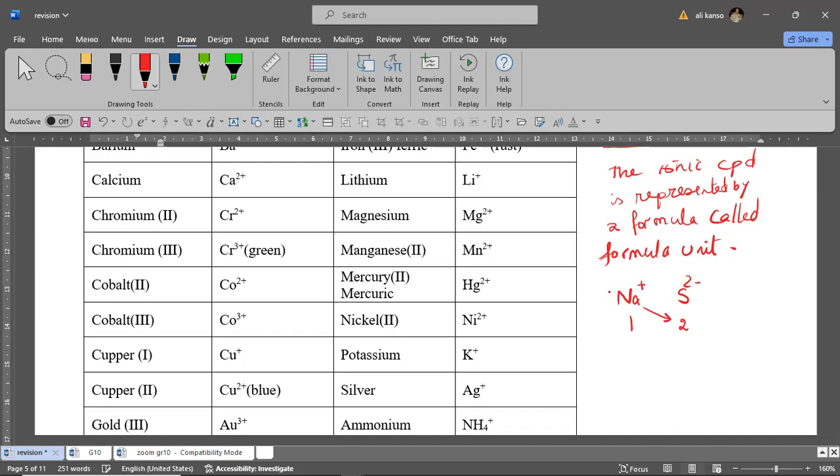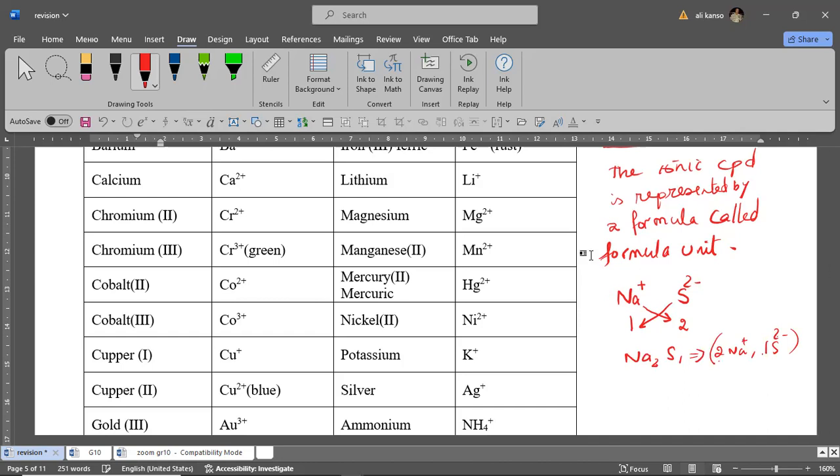Na becomes Na2 and S1. Na plus must be multiplied by 2 and S must be multiplied by 1, in order to get a neutral compound, a neutral formula unit. We have 2 Na plus balanced by 1 S2 minus. 2 plus must be balanced by 2 minus.